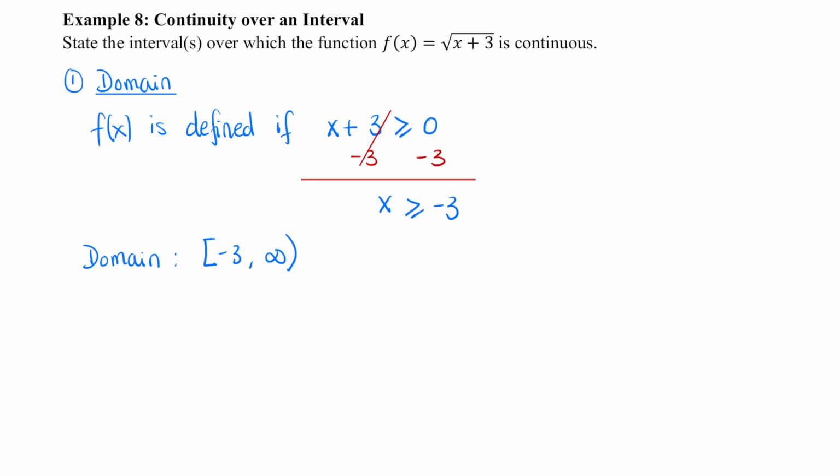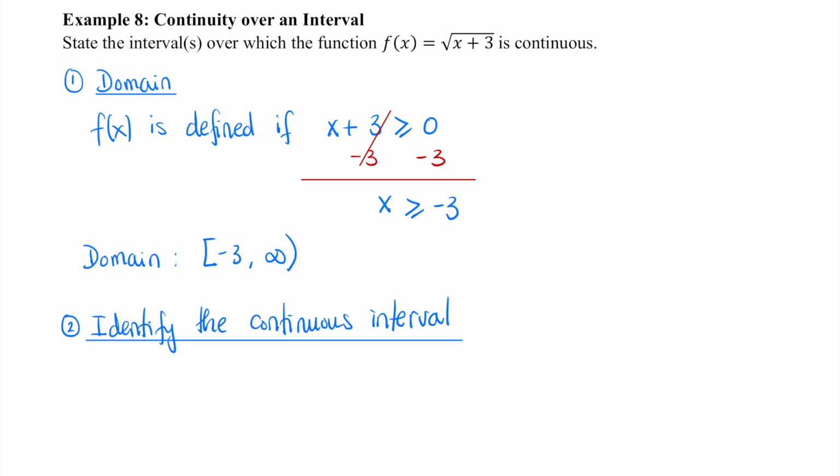Now, let's identify the continuous interval. Square root functions are continuous whenever they are defined. Since f of x is defined from negative 3 to infinity, the function is continuous for all x that is greater than negative 3.